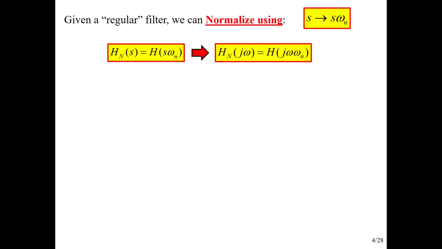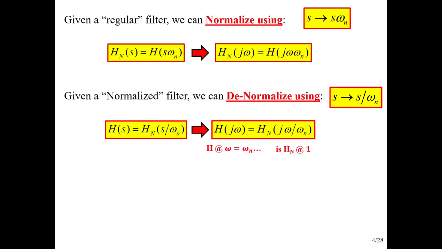So there's the normalization, and then here's the denormalization or unnormalization. If this substitution normalized it, it's pretty obvious that this substitution put into a normalized filter will denormalize it, because now we've got the omega sub n being canceled by the dividing by omega sub n. So you take the normalized filter, make that substitution, and you're right back to where you would have started.